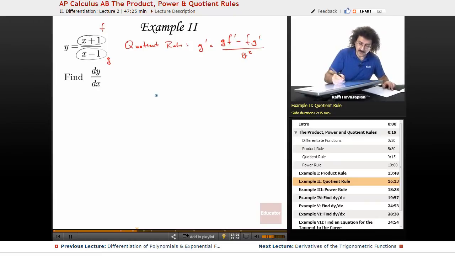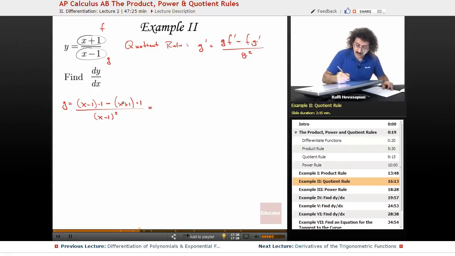All right, let's just do it. So y prime equals g, which is x minus 1, times the derivative of the numerator, which is 1, minus f, which is x plus 1, times the derivative of the denominator, which is 1. The derivative of x minus 1 is 1. All over the denominator squared, x minus 1 squared.